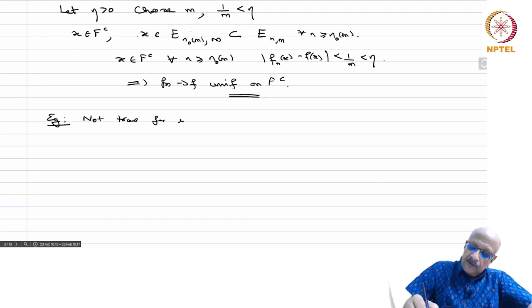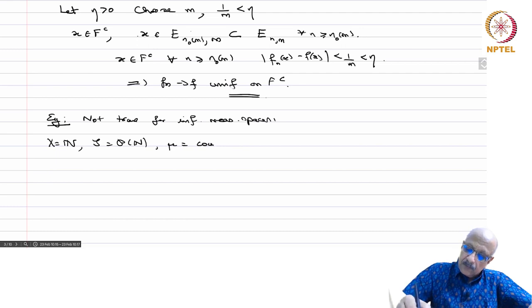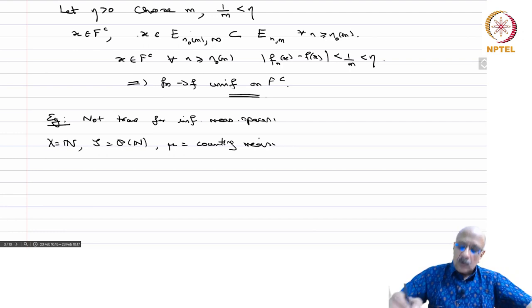So example, not true for infinite measure spaces. Let us take X equal to the natural numbers, S equals the power set of X, and mu equals counting measure. So what do you mean by saying mu of F less than epsilon?